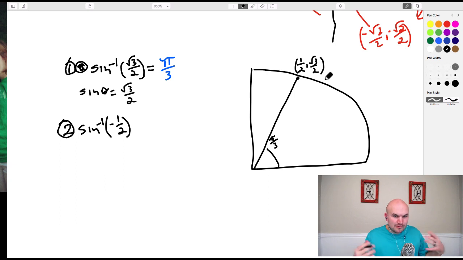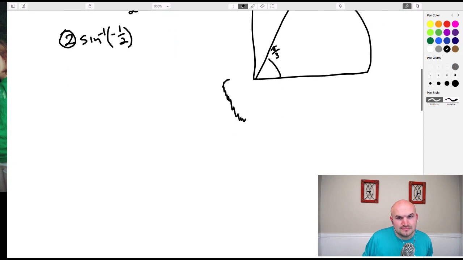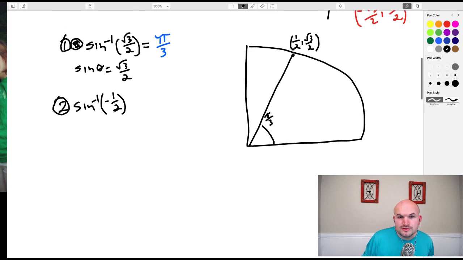Now, when we're looking into sine inverse of -1/2, the issue that comes up is, when we want to look at where the sine is -1/2, or what angle does that create, there's actually 2 options.